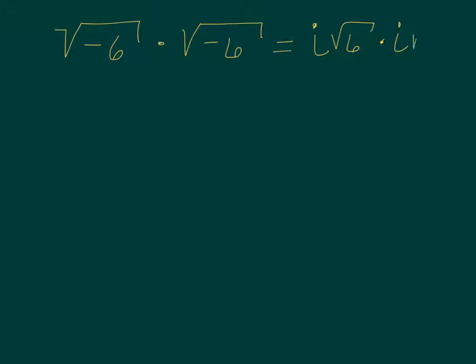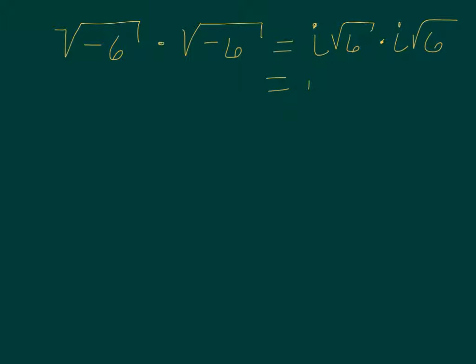So when we have something like the square root of -6 times the square root of, let's say -6 again, we can't multiply these together right now. We would need to make it i square root of 6 times i square root of 6.